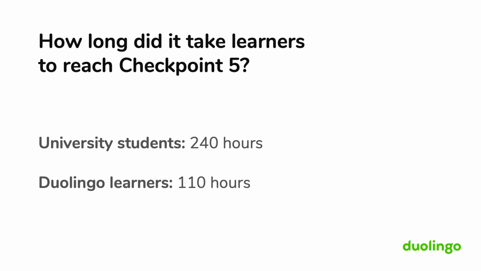And what we found was that Duolingo learners spent roughly 110 hours using Duolingo to learn the language. So this was incredible. It meant that our learners, our participants in this study, got to the same reading and listening proficiency levels as university students in half the time.